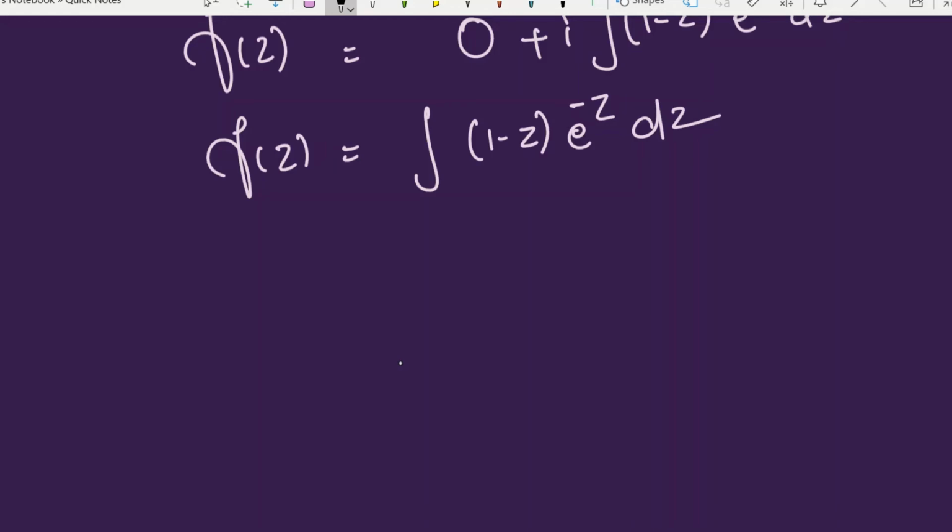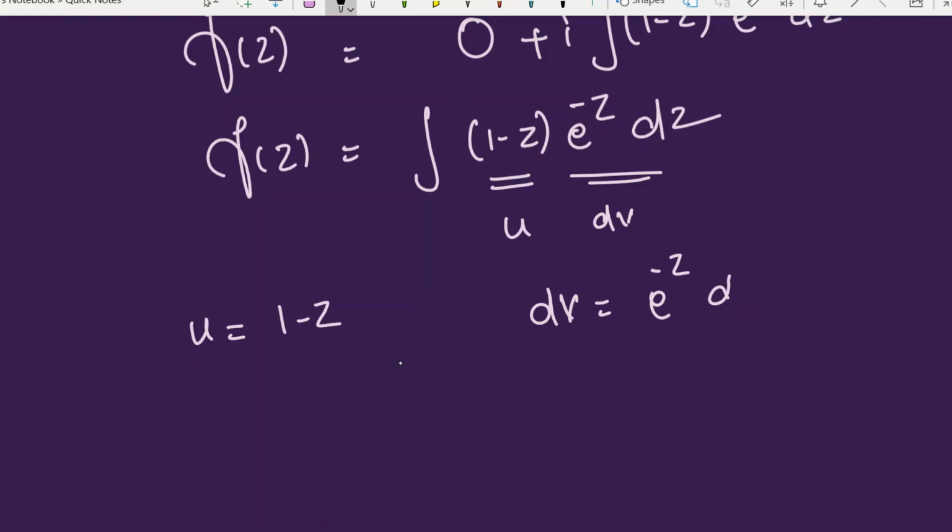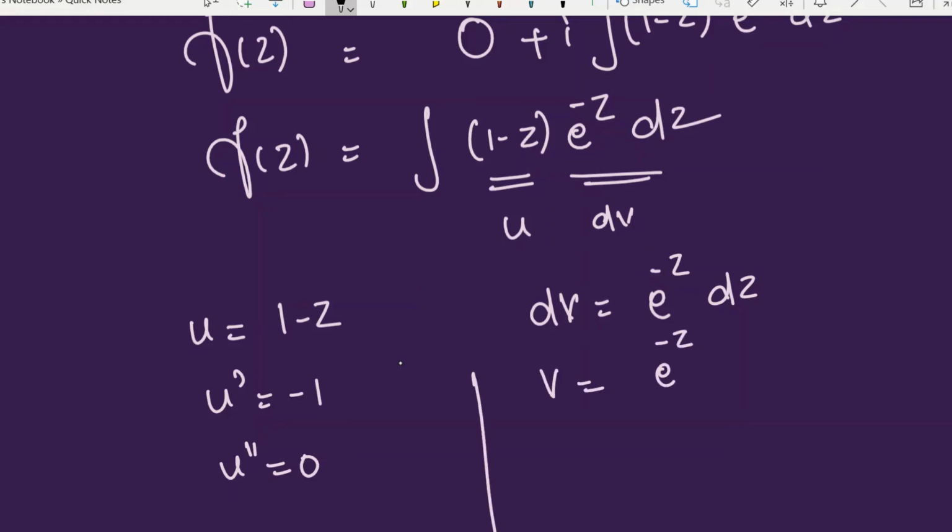Now here we have to use integration by parts, or else the Bernoulli result, u dv. U is 1 minus z, dv is e power minus z dz. U dash is minus 1, u double dash is 0. V is e power minus z divided by minus 1. V1 is e power minus z divided by minus 1, the whole square, so e power minus z.